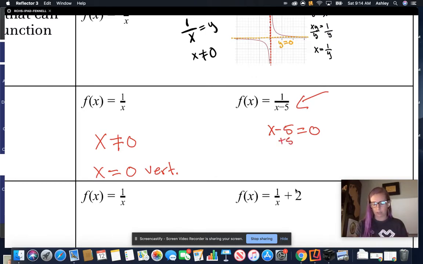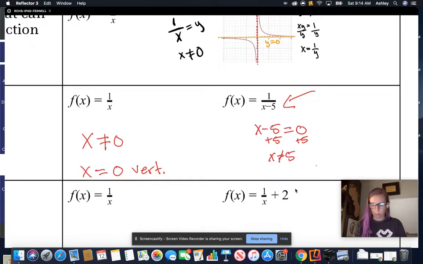Well, you can solve this using algebra, or you could say in your brain, obviously 5 minus 5 is 0, so x is not allowed to equal 5 because that would break the function, which means at x equals 5, we have a vertical asymptote. So if I were to do a rough sketch of this graph, I would go to x equals positive 5: 1, 2, 3, 4, 5.